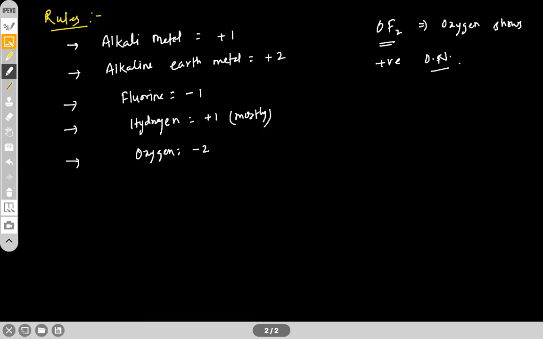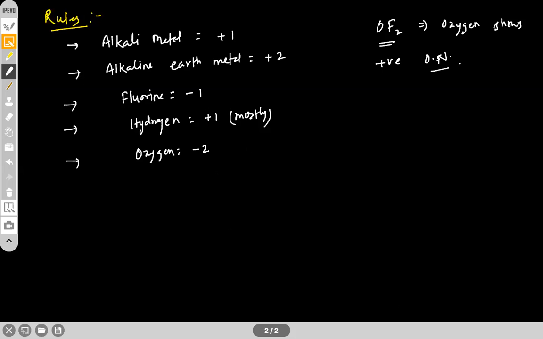We have also discussed that for a given molecule, the sum of the oxidation numbers is equal to the total charge on the molecule, and 0 if it is neutral.